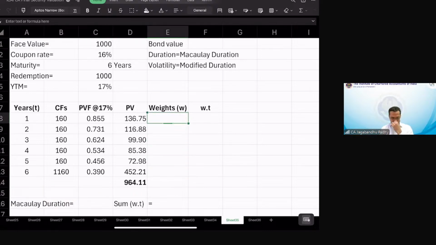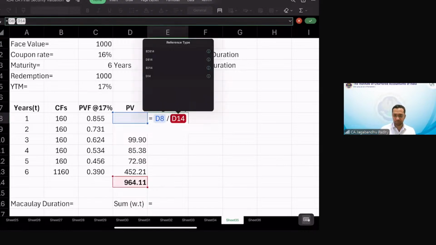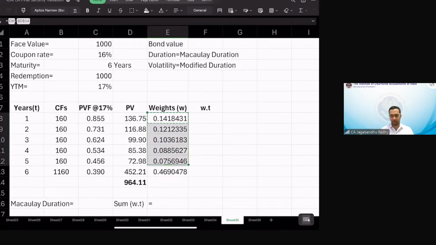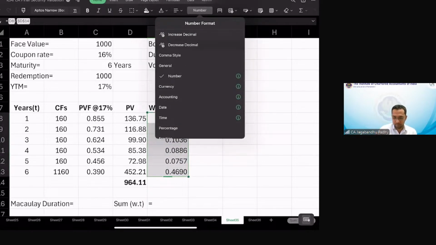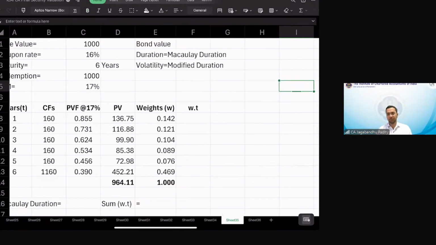Then simply you can take the weights, PV divided by the value. And if you take the total of weights, that should ideally equal 1.